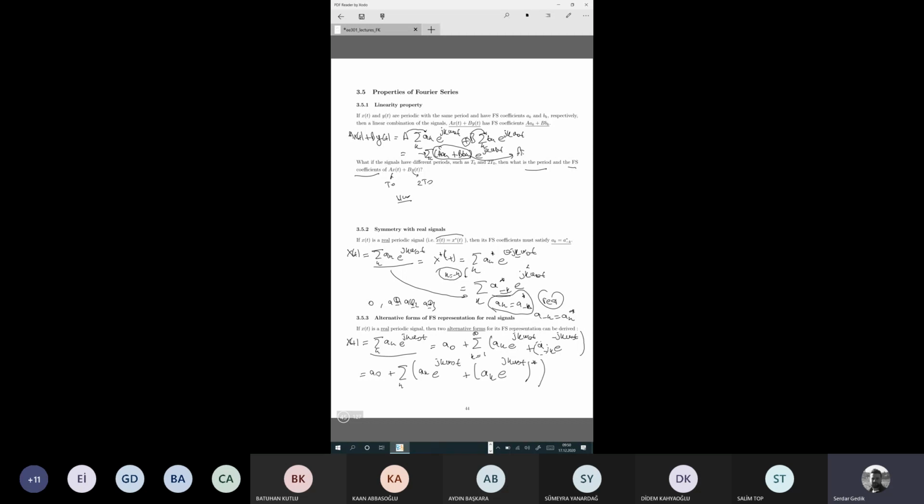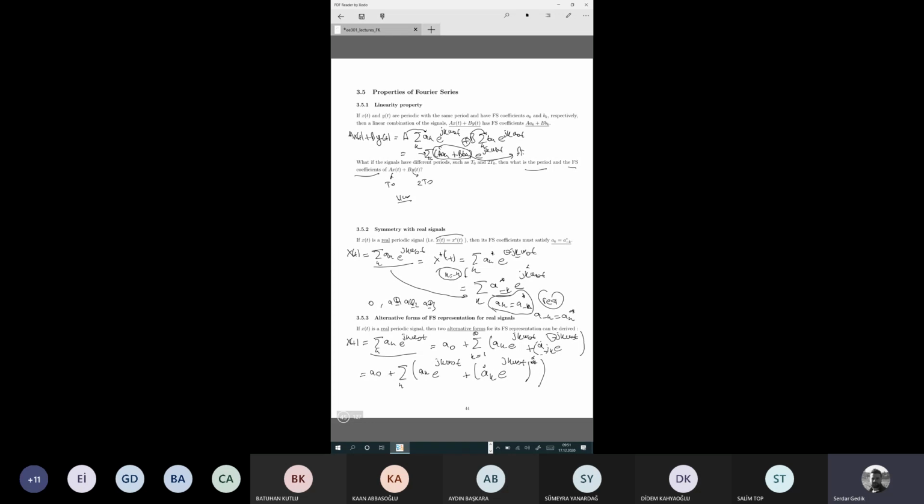So there is a trick here. I have omitted this minus sign and put a conjugate over there. I know that a minus k is simply ak conjugate, so I put ak here and put the conjugates outside. So here I have ak e to the power j k omega 0 t plus its conjugate.